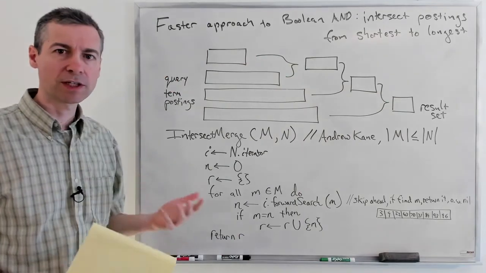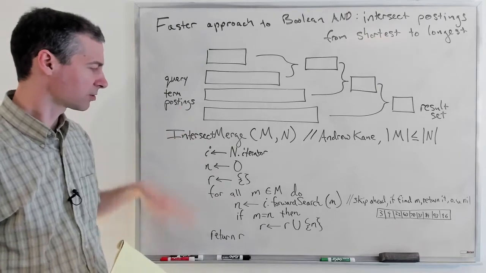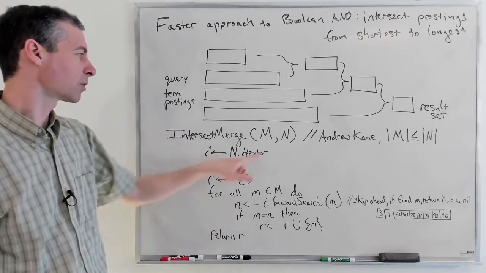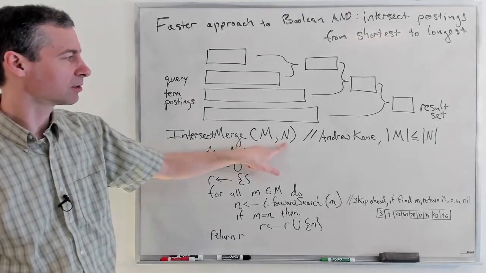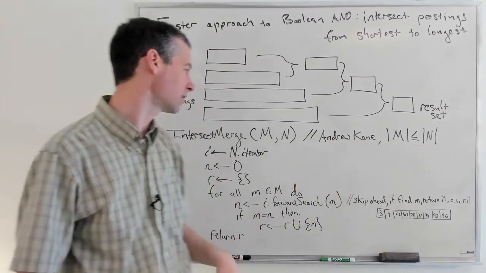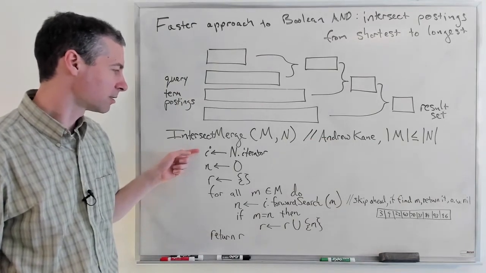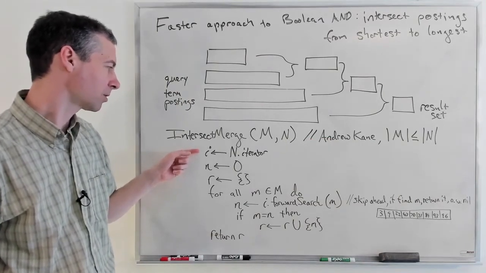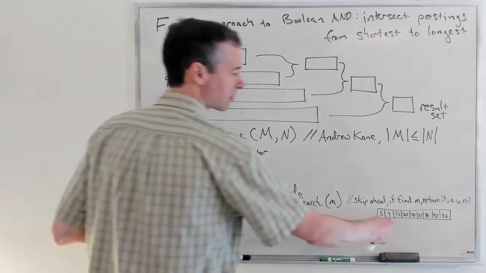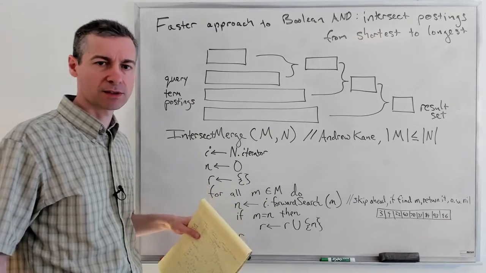What's the great advantage to this? Well, let's look at the pseudocode here. Again, we're going to pass in the smaller and then the larger one. That's what we mean: the size of m is less than or equal to the size of n. So we'll set an iterator into n. Imagine that this is just in the abstract, we're intersecting lists of numbers.